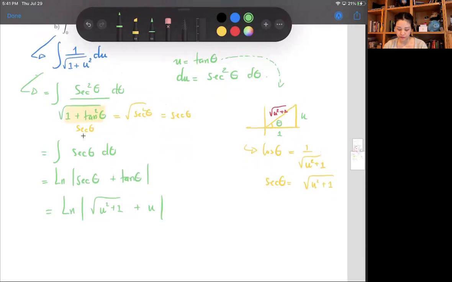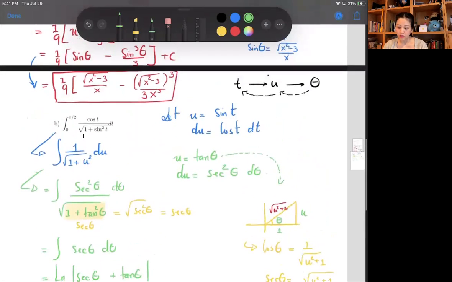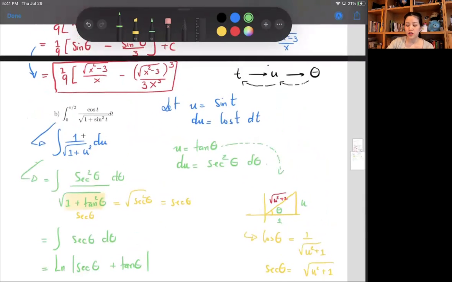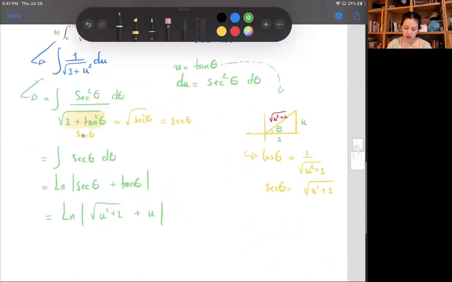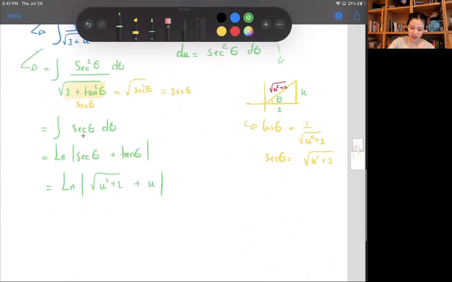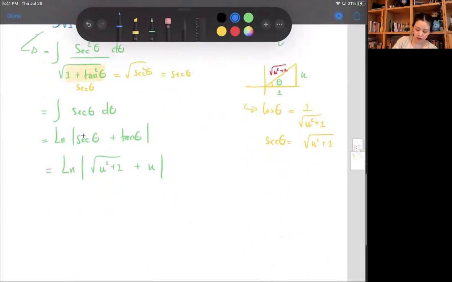Now the last step is we're going to turn u to t. Remember, we let u equal psi t. So whenever I see u, it's going to be psi t. Going back to the blue one, instead of u it's going to be psi t, so we have the square root of psi squared t plus 1, plus psi t.